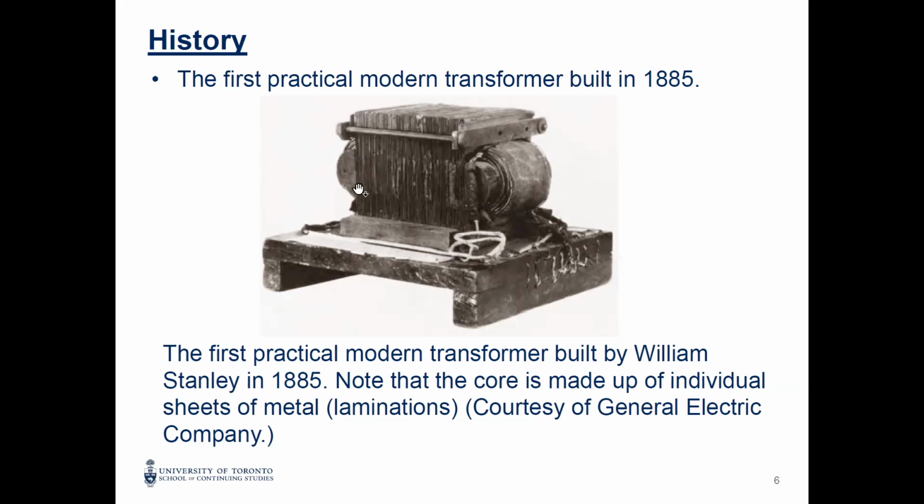The core of the transformer is not one bulk, but laminations. By laminations, I mean very thin metal sheets connected to each other through insulation between them. You can see they are trying to push all the laminations to be one block. We will know the reason for this.